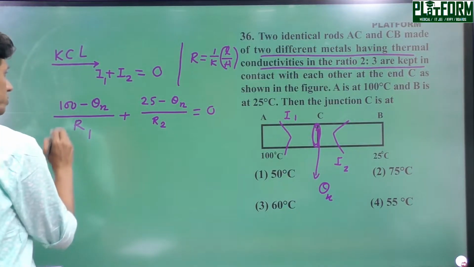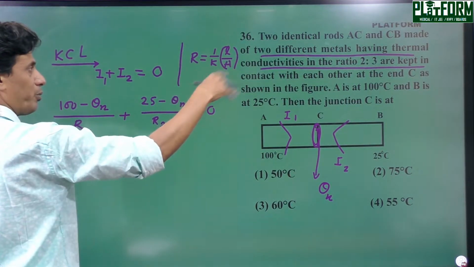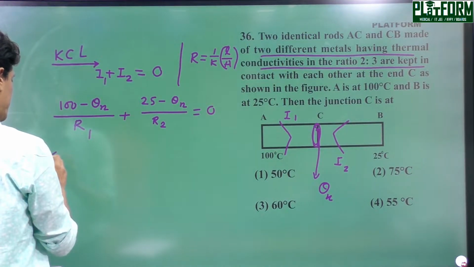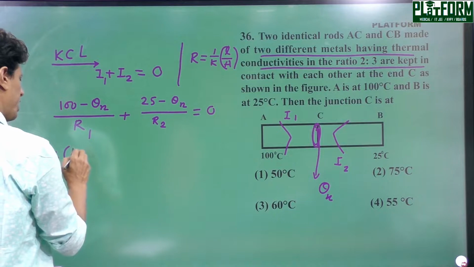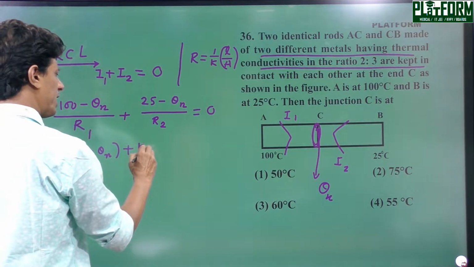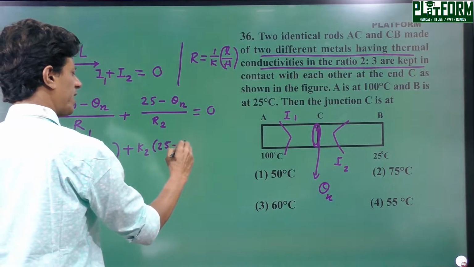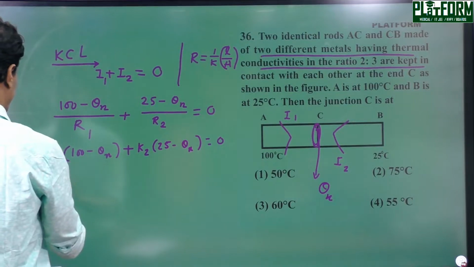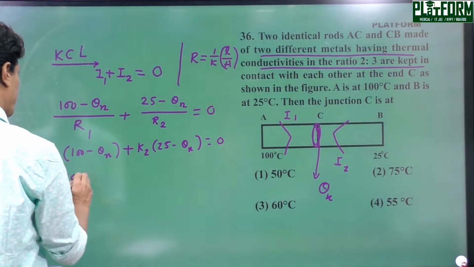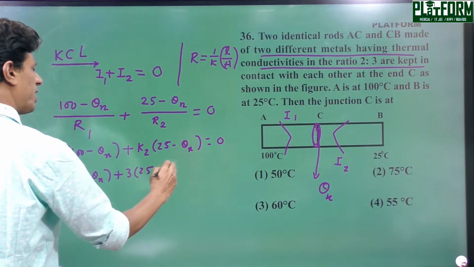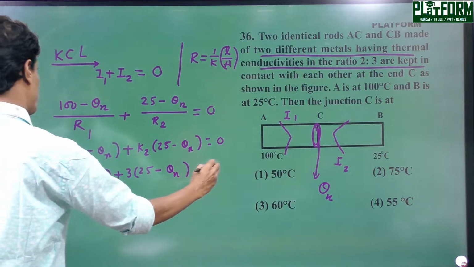Since L by A is common for both rods, we can write 2K(100 minus theta) plus 3K(25 minus theta) equal to 0, so 200 minus 2 theta plus 75 minus 3 theta equal to 0.